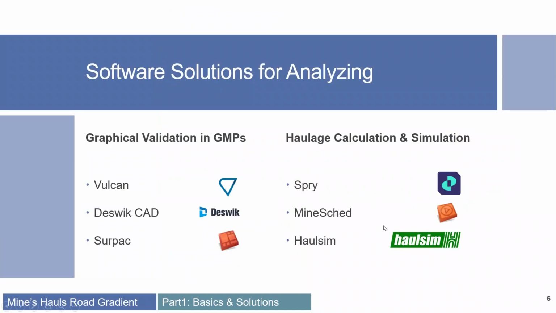You saw that there are lots of variables that must be considered regarding the geometry of the haulage profiles, and one of the most challenging parameters is gradability. There are plenty of software packages in the market to deal with that. I group them in these two categories: graphical validations by GMPs, this is the abbreviation for General Mining Packages, and the second category is haulage calculation and simulation software solutions.